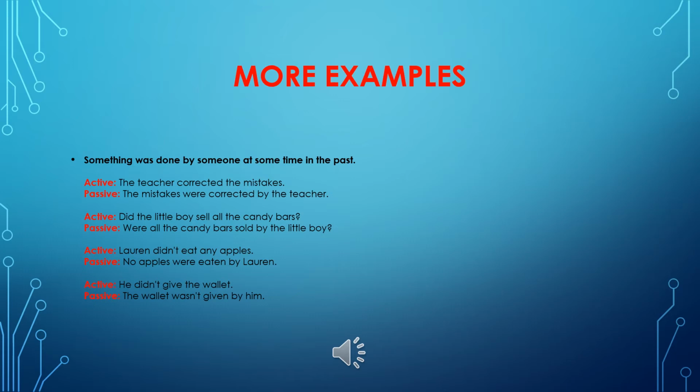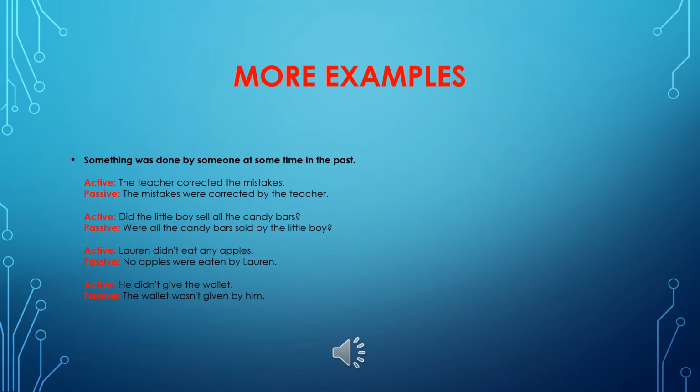Passive, the mistakes were corrected by the teacher. Number 2, active. Did the little boy sell all the candy bars? Passive, were all the candy bars sold by the little boy?